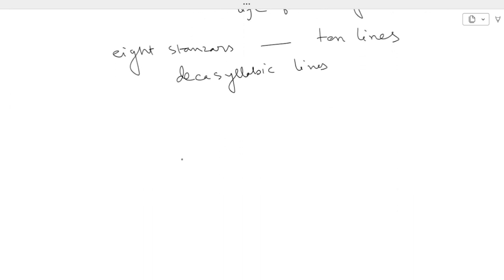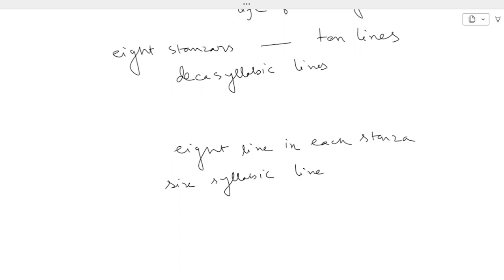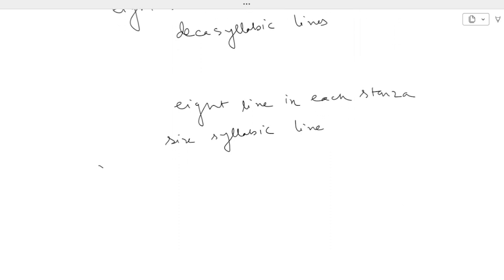In each stanza the 8th line is a 6-syllabic line. Again, the last line of the second stanza is an Alexandrine.